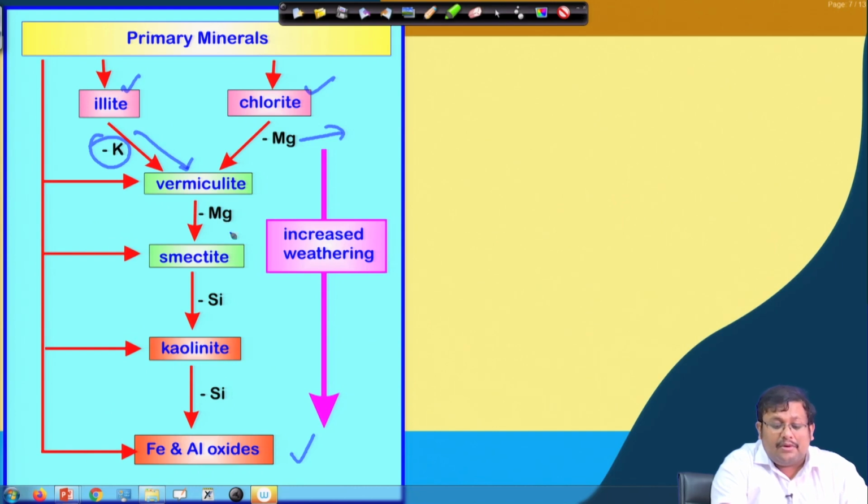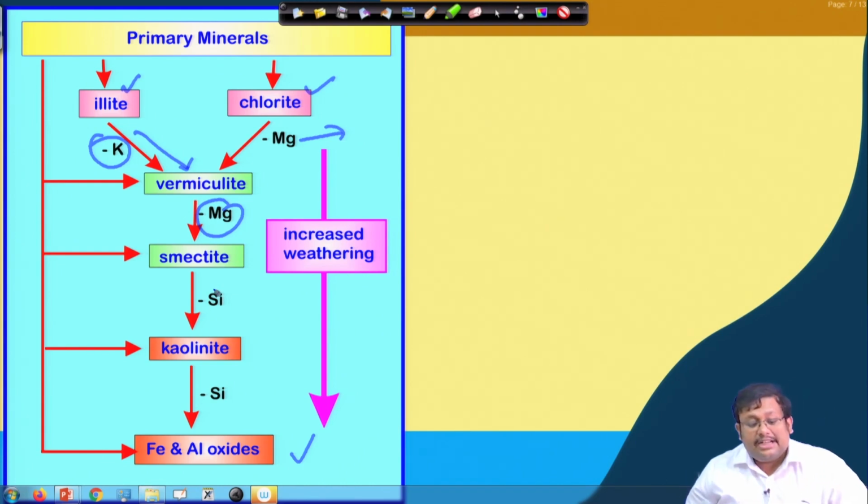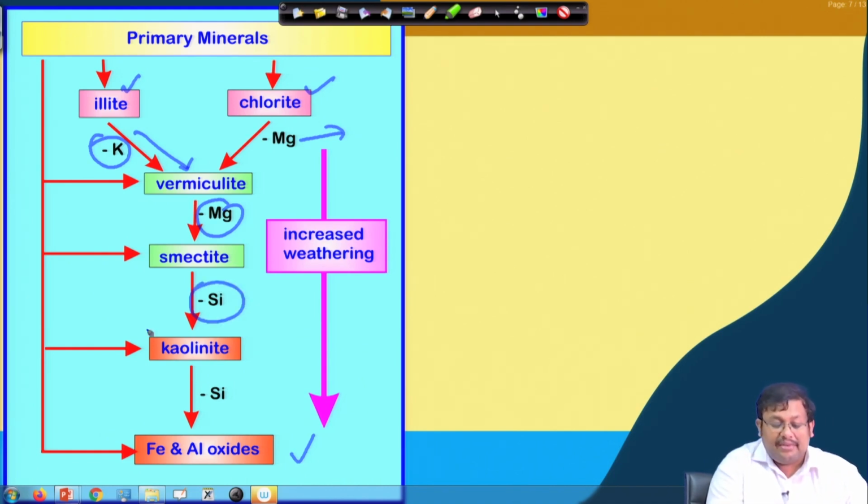In the vermiculite, when the interlayer magnesium gets depleted, it develops into smectite, which is still a 2:1 type of mineral. Then the smectite goes through further weathering and one silica tetrahedral layer is removed. So, there is a loss of silica and it converts into kaolinite, which is a 1:1 type of mineral.